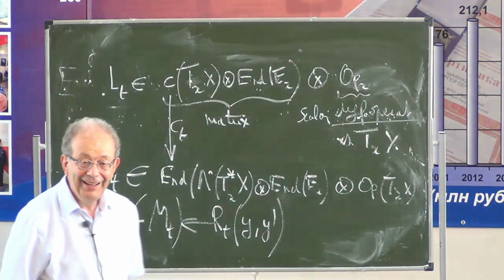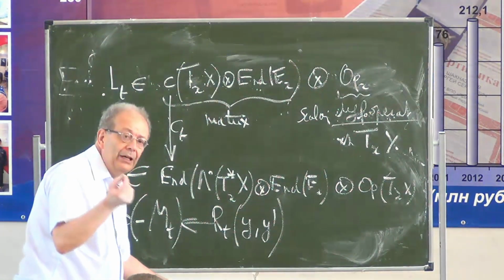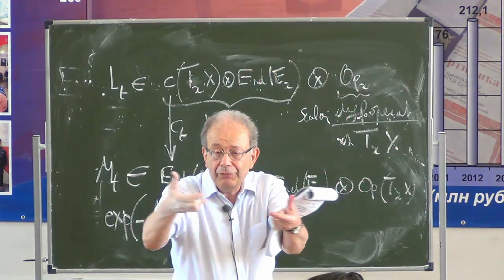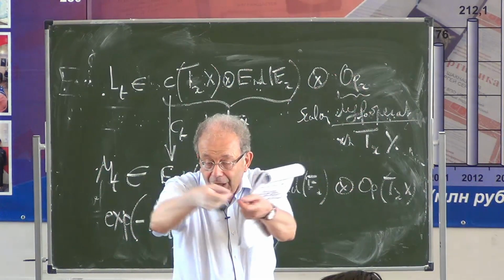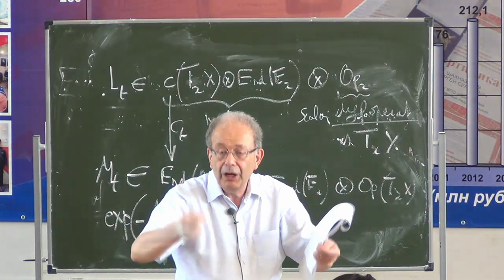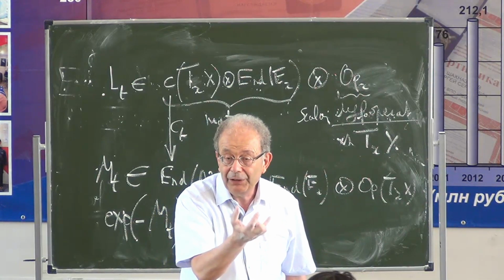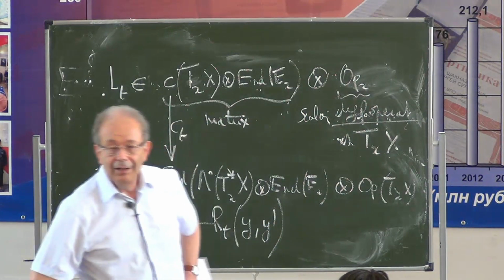Operators on the fiber over X. Yes, because I've now trivialized everything, I'm at a point. The fibers have come back to just a single vector space, so that I can now view the operator as acting not on a section of a bundle, but on a section of a vector space.